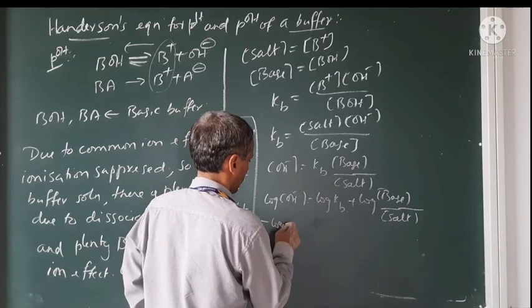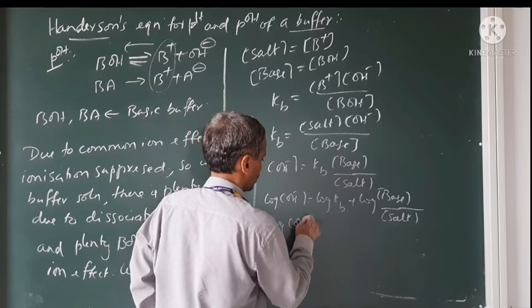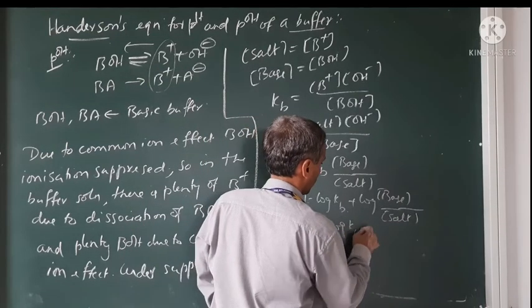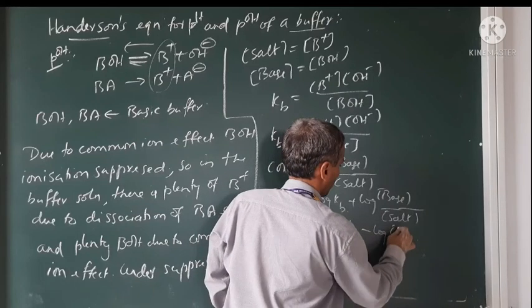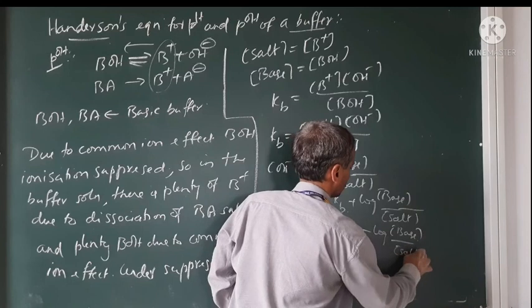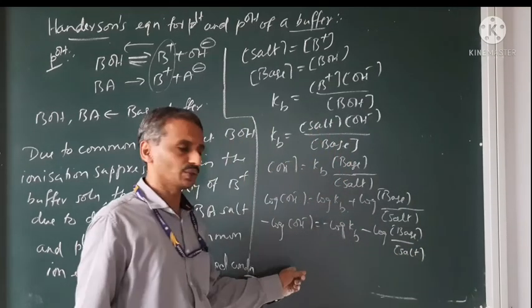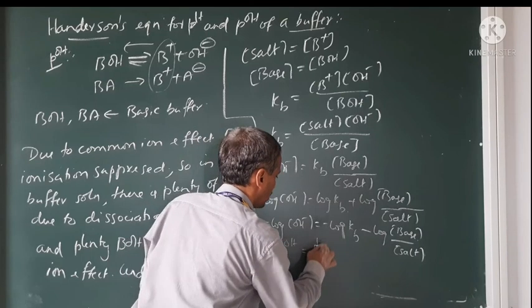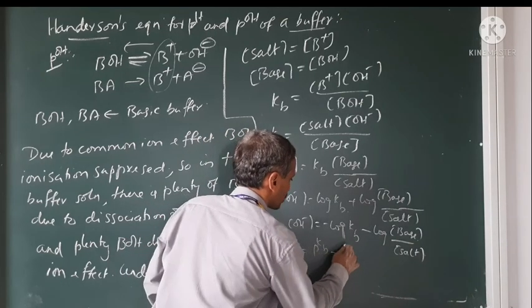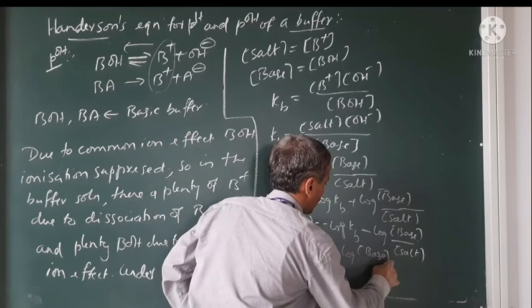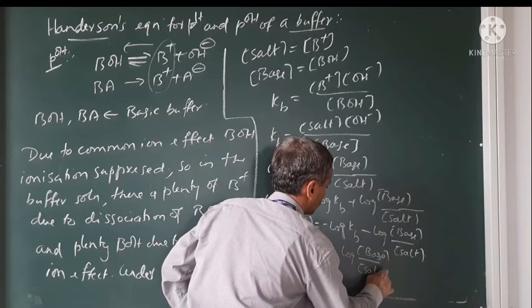Minus log of OH minus is equal to minus log of Kb minus log of base by salt concentration. This is the Henderson equation only. Which one? pOH is equal to pKb minus log of base by salt concentration.